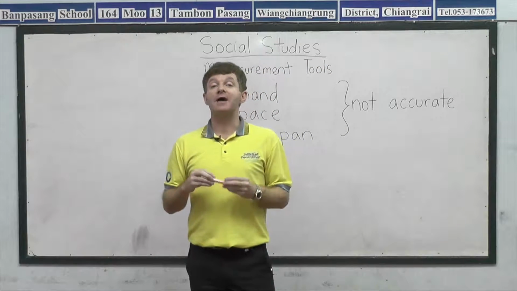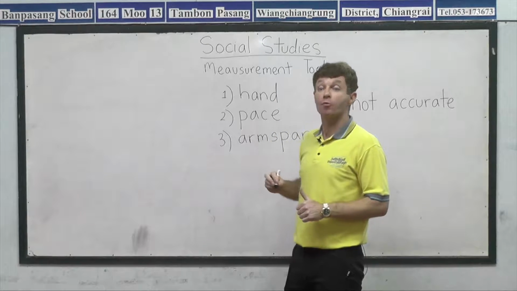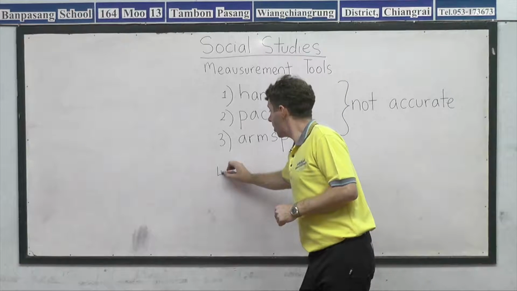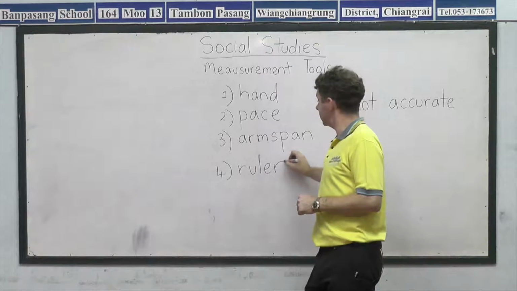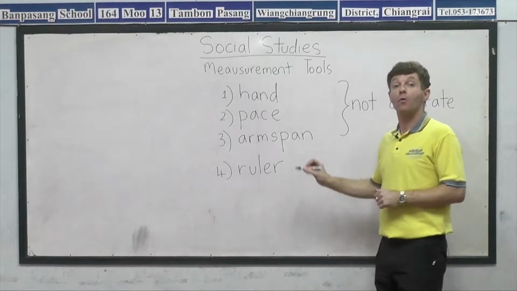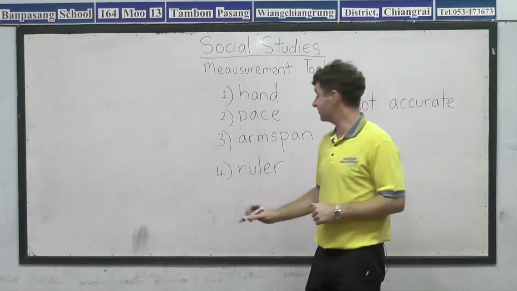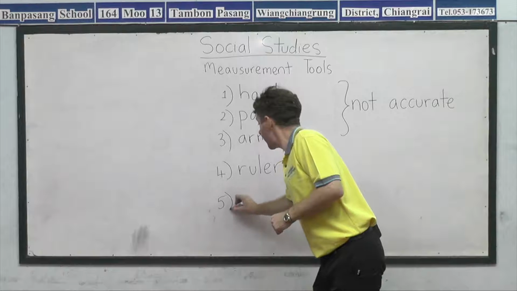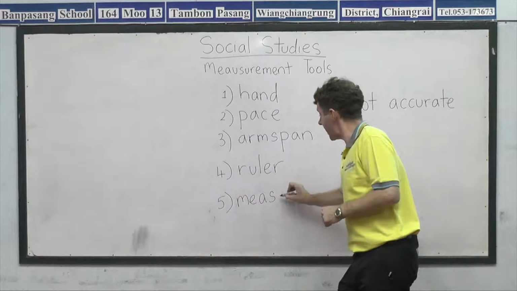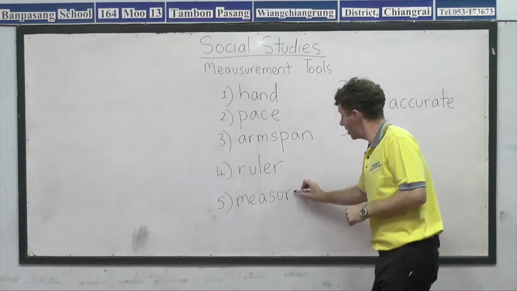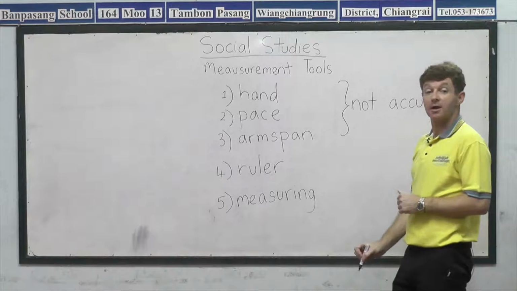But next we'll have a look at some accurate measurement tools. How about a ruler? R-U-L-E-R. Ruler. And number 5, measuring tape. M-E-A-S-U-R-I-N-G.